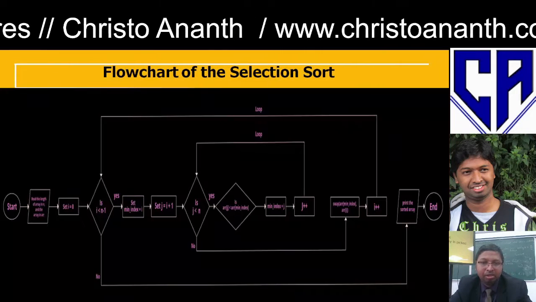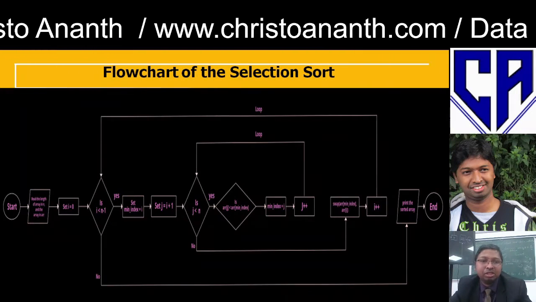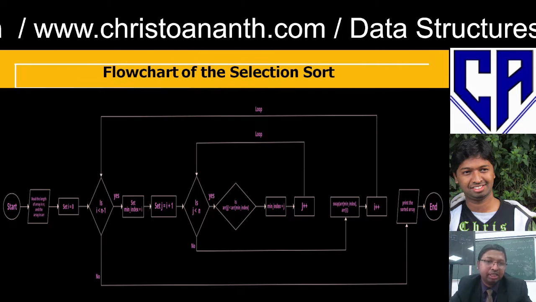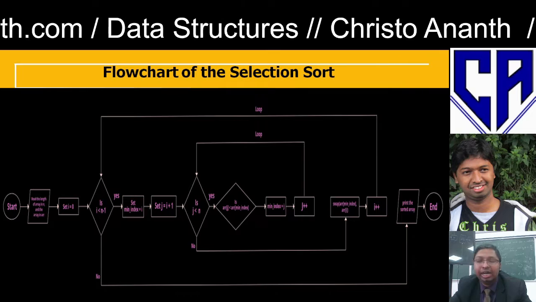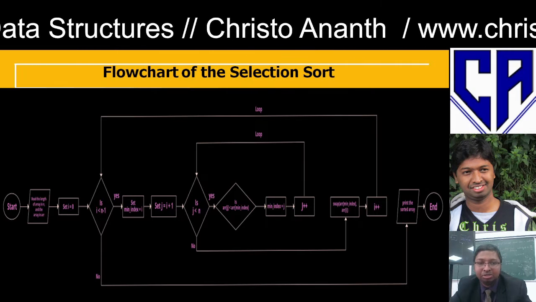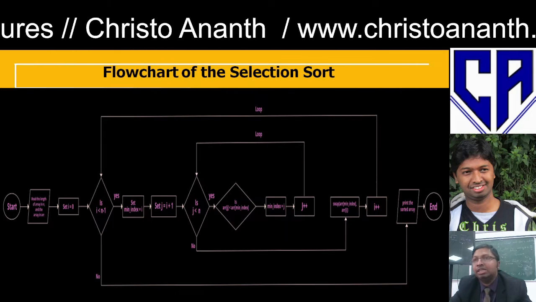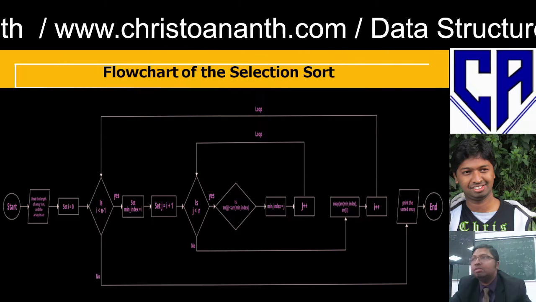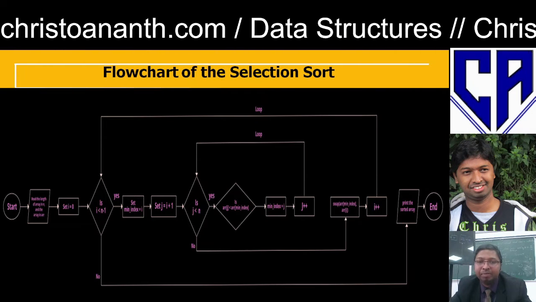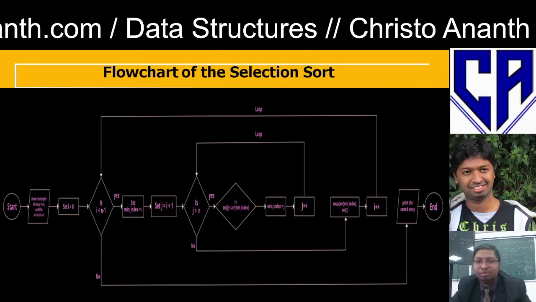So this is the flow chart of the selection sort. We go with the start and then read the length of the array, and then read the array. You set i equal to 0 and you check if i is less than n minus 1. If yes, you set the minimum index to be i and you set j equal to i plus 1.